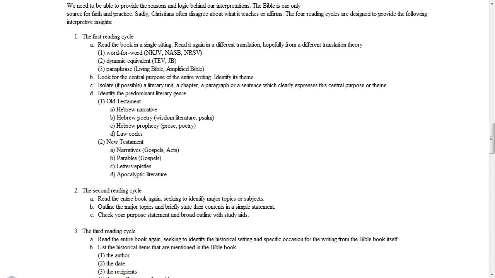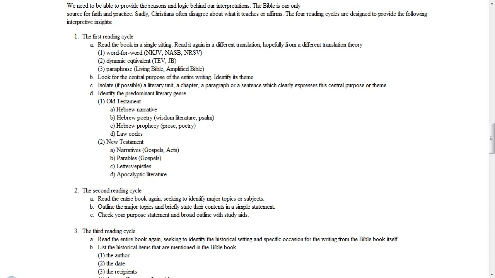So some things don't translate over really well from Greek to English. What the dynamic equivalents try to do is capture the author's thought and portray it in English. In the cases where the word for word just doesn't get the substance of what the author was trying to say, the dynamic equivalent will pick up on that.